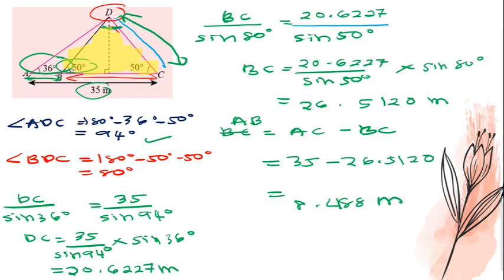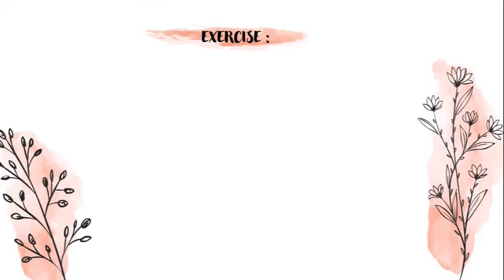This is the distance between Azian and Badrul. So that's all for the examples of the sine rule and how to solve problems related to triangles using the sine rule.